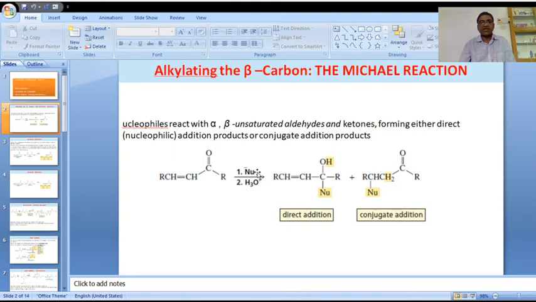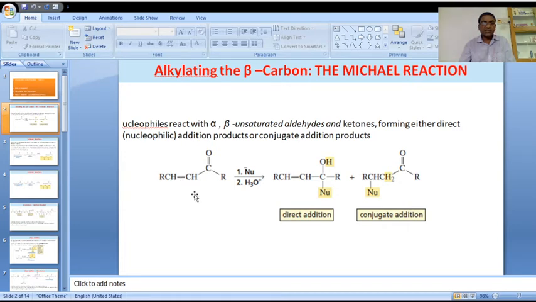And the other process is the conjugate addition product. Here the nucleophile generally attacks the beta carbon, not the carbonyl carbon.